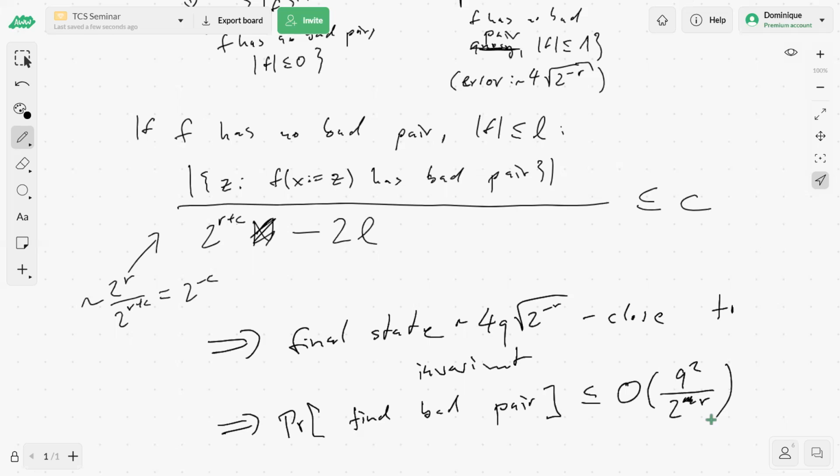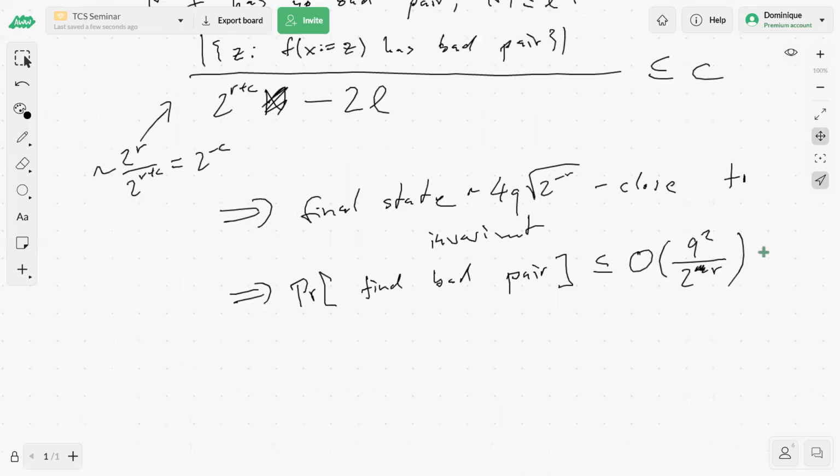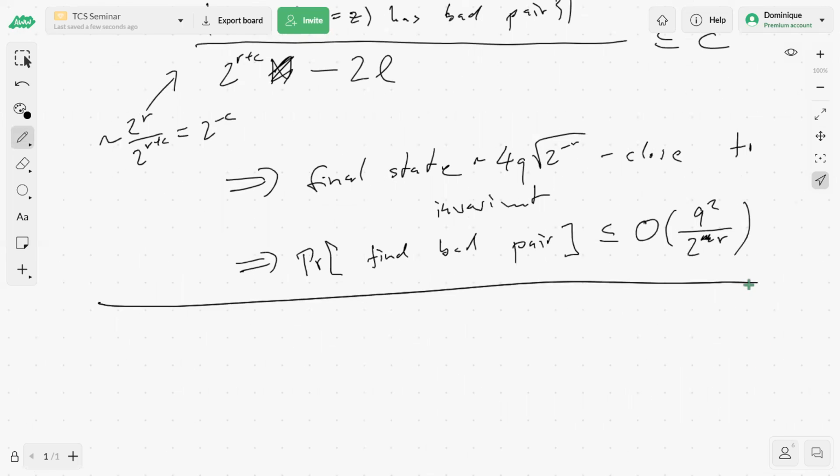And a very similar analysis can be used actually for the full sponge construction. I don't have time to tell you about it, but I just tell you the final result.